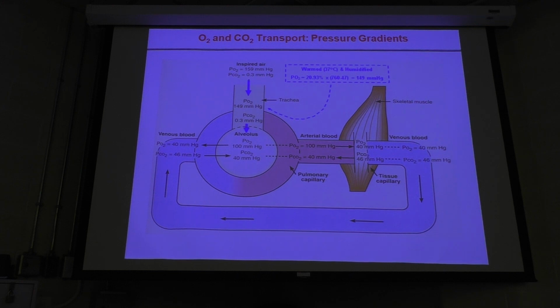So then oxygen will be transported. You can see now it has a PO2 here of about 150 millimeters of mercury, but in the alveolus it's about 100. And so the alveolar PO2 decreases to about 100 millimeters of mercury due to continual oxygen uptake by the pulmonary capillaries and continual diffusion of carbon dioxide out of the pulmonary capillaries into the alveoli.